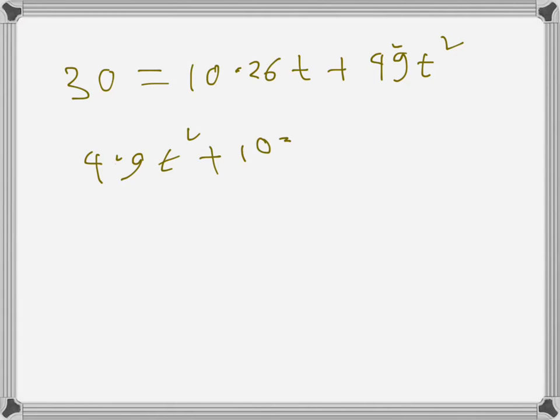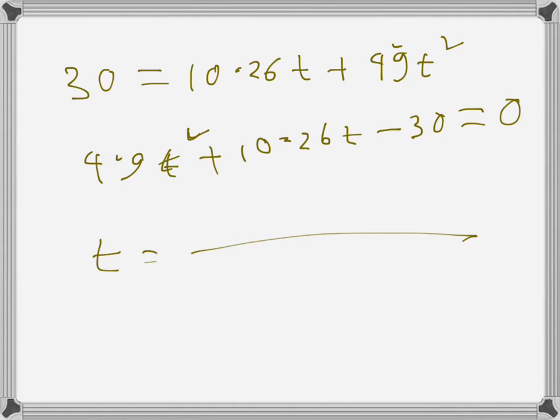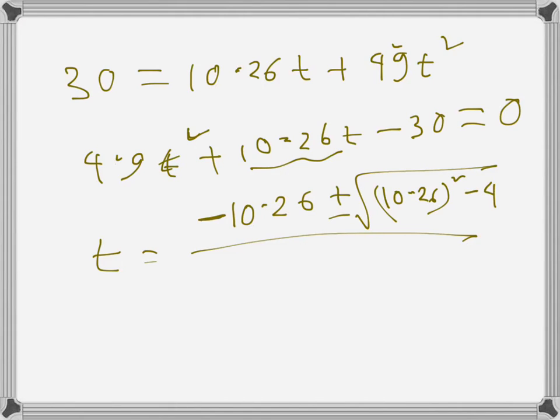If we write it as a quadratic equation, arranging the terms in standard form, the roots will be t = -b plus or minus the square root of b squared minus 4ac, over 2a. Here b is 10.26, a is 4.9 and c is -30, and 2a is 2 times 4.9.